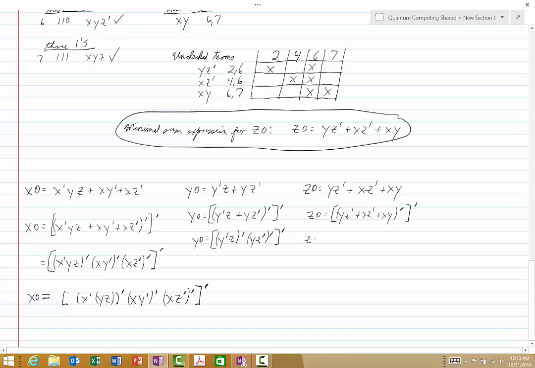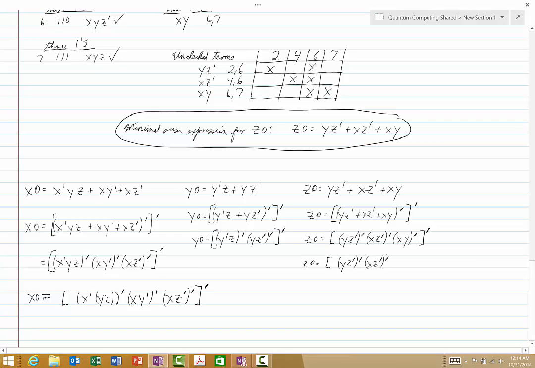And so this gives us YZ prime prime, XZ prime prime, x y prime, and then that's primed, and so finally we can write this as y z prime, x z prime.